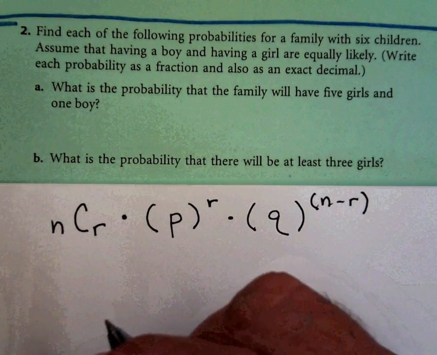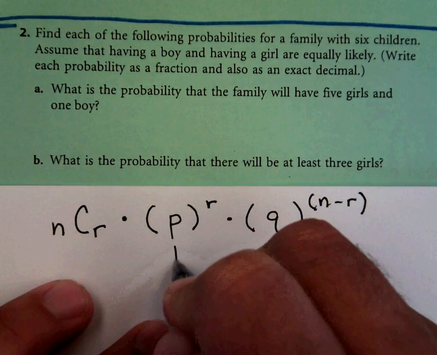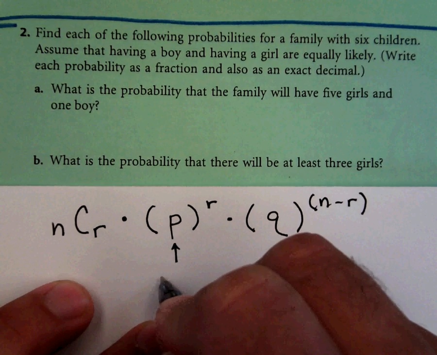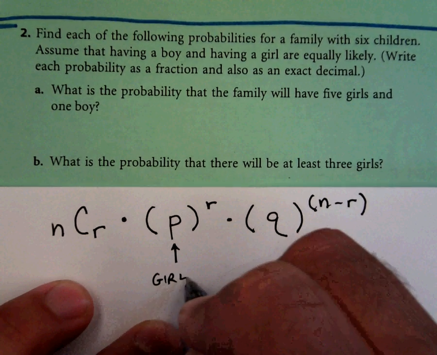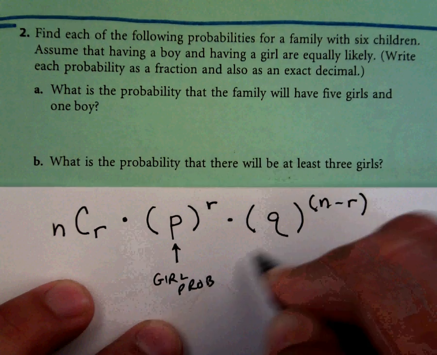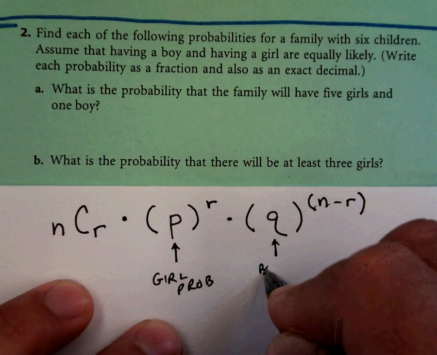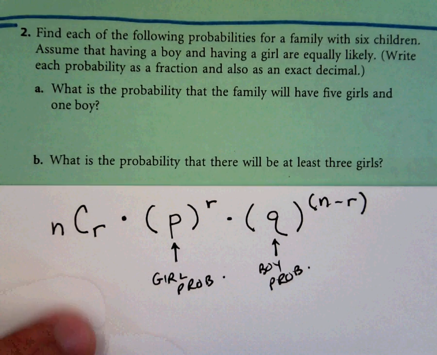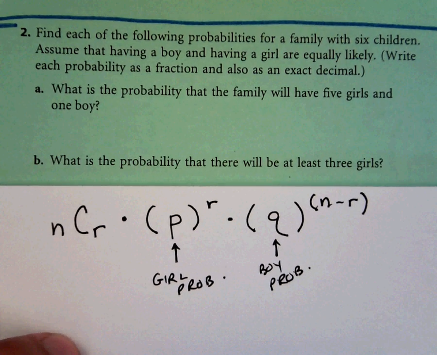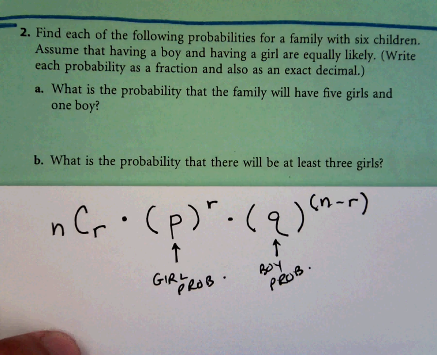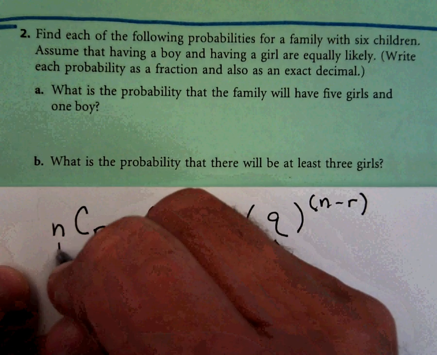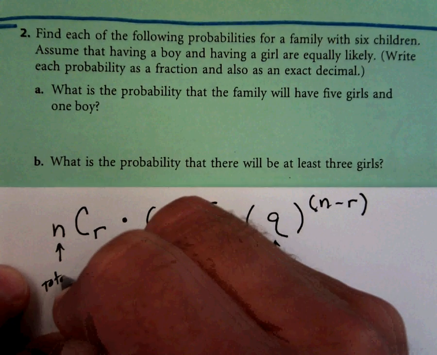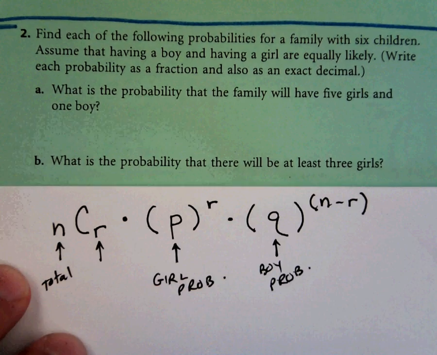You see, what we have in this formula is, this would be the probability for a girl. Let's call it girl prob. And this would be the probability for a boy. Let's call it boy prob. All right? So that's what P and Q represent, the probability of each individual event. N and R, on the other hand, are total and favorable, respectively.